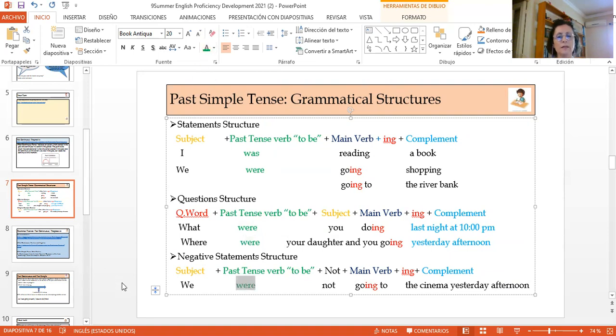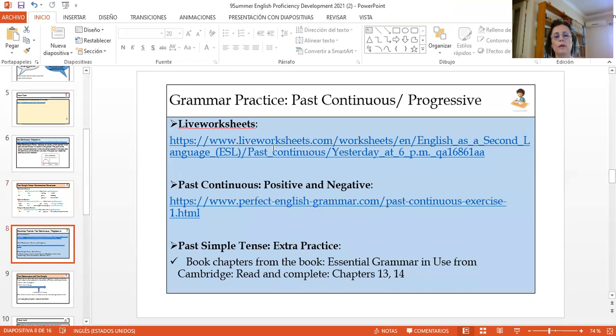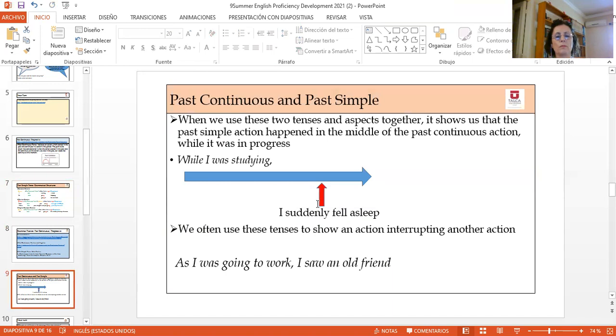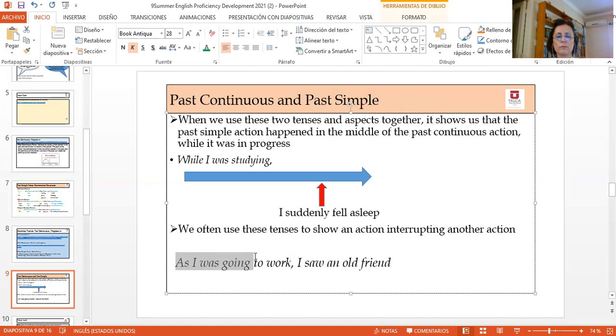And it also combines with the past tense. This is a common occurrence in the language, yes? As I was going to work, this is an action in progression, this blue arrow.